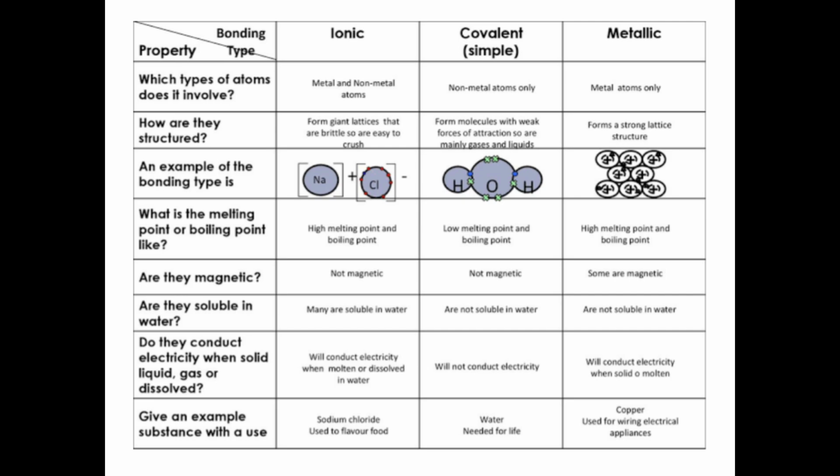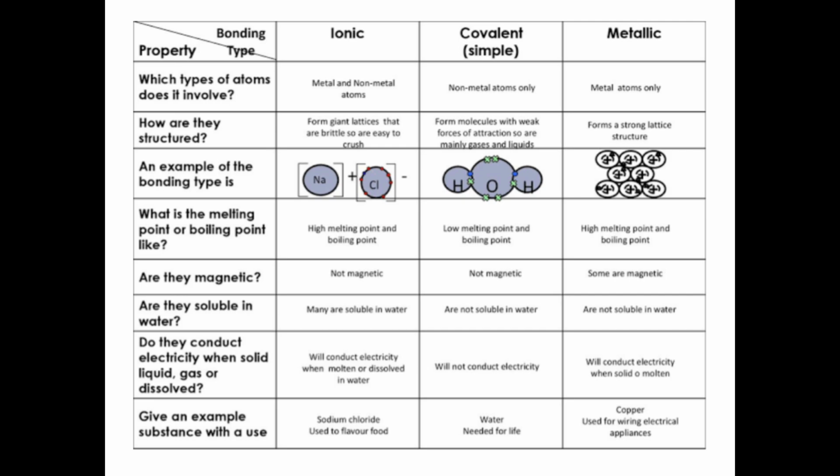In terms of solubility, most ionic compounds are soluble in water. Simple covalent compounds are not soluble in water. They are rather soluble in organic solvent, while metallic compounds are not soluble in water.